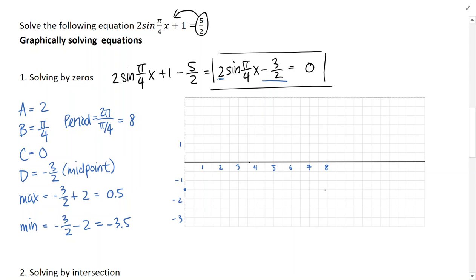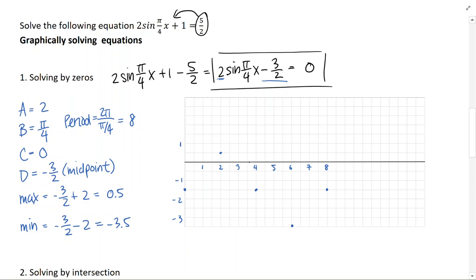That means at the end of the period, that's where I'm ending. In the middle, I'm going to be also at the midpoint, which is 4. And at half of the first half, I'm at my max, which is 0.5. And at half of my second half, I'm going to be at the min, which is negative 3.5.